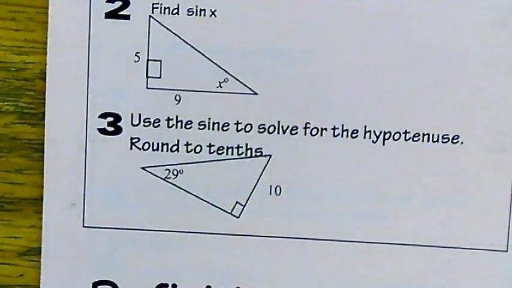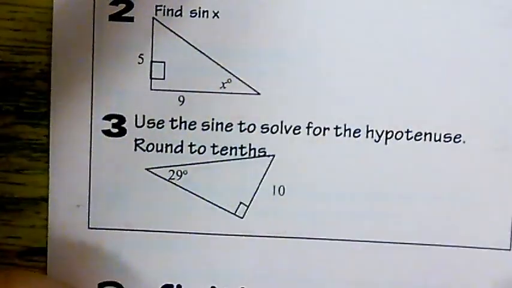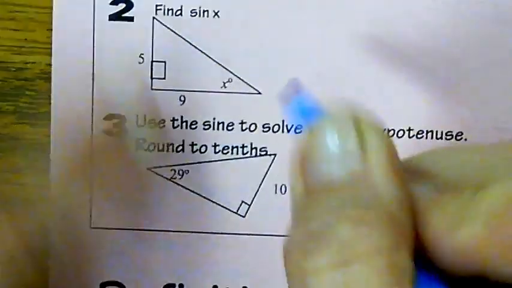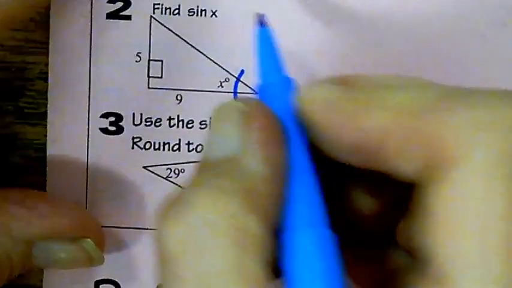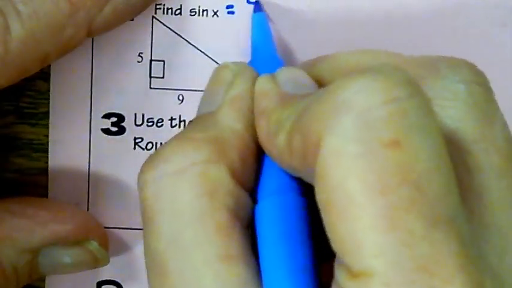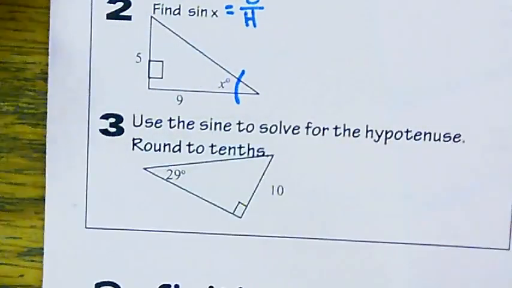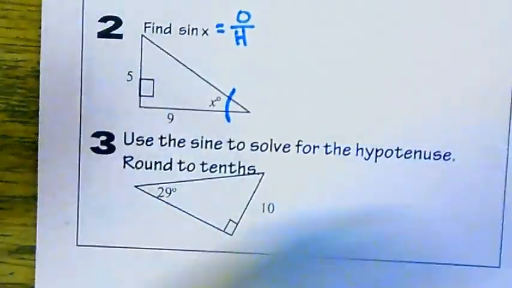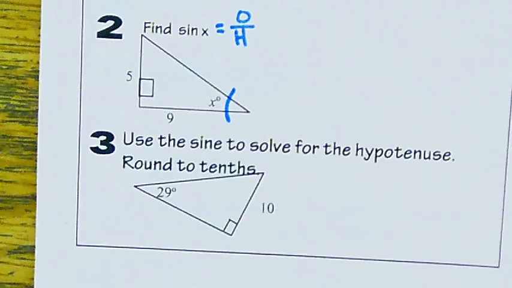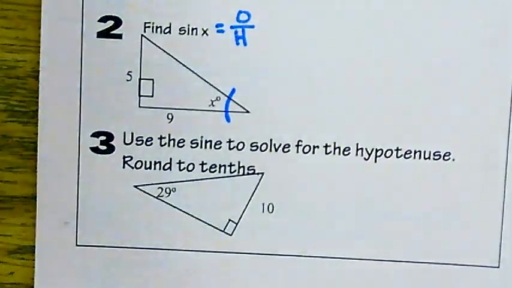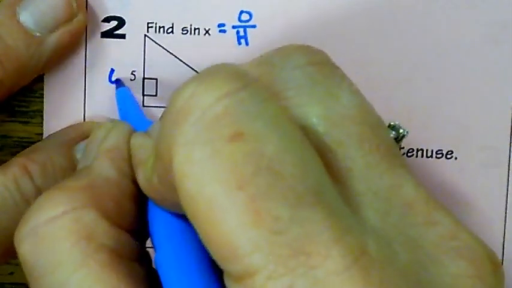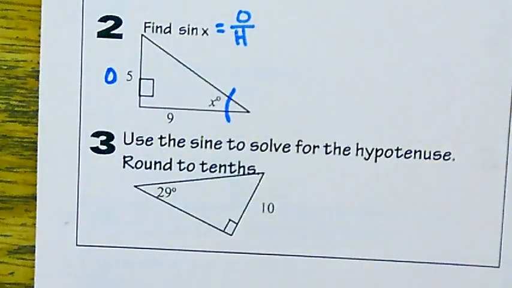Well, the sine of x is this. Sine is opposite over hypotenuse, right? So which side is the opposite? The 5. Which is the hypotenuse?